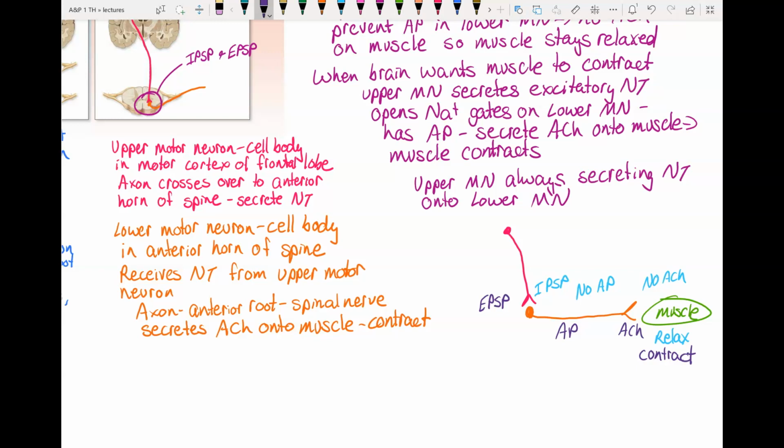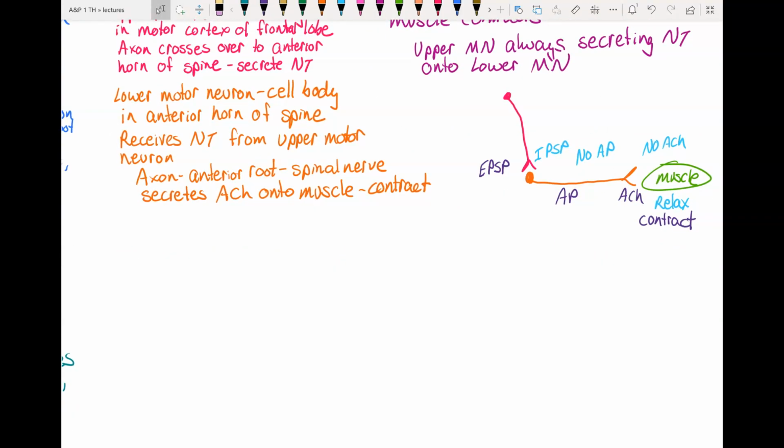Now, your brain coordinates activities between your antagonistic muscles. So remember, you learned that muscles come in antagonistic pairs. For example, your triceps and biceps. Your biceps does flexion, your triceps does extension.